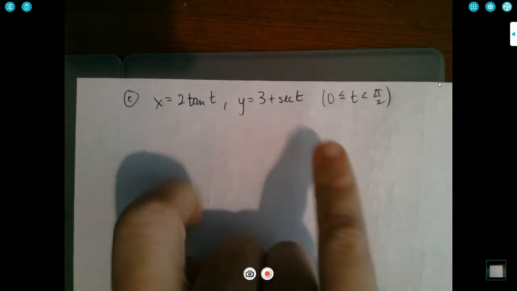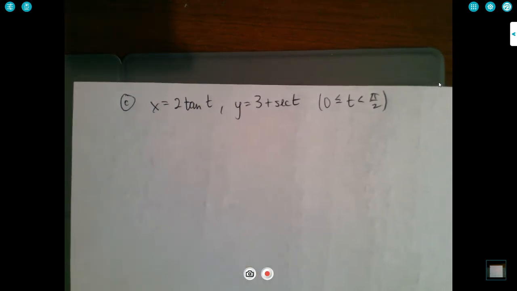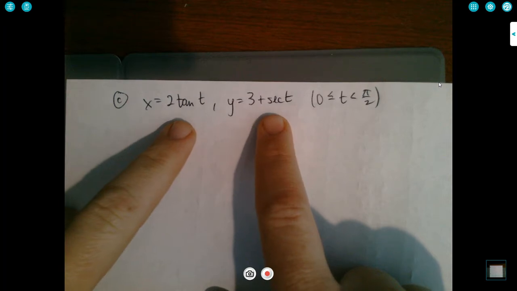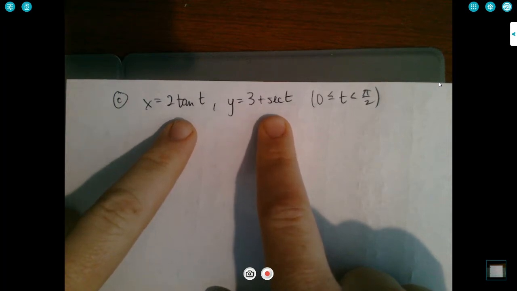So we have a tangent and we have a secant. And based on the previous example, you might be thinking, Pythagorean identity. And if you are, then great, because that's really what you should be thinking. However, before you apply it, you need to isolate the trig function first.